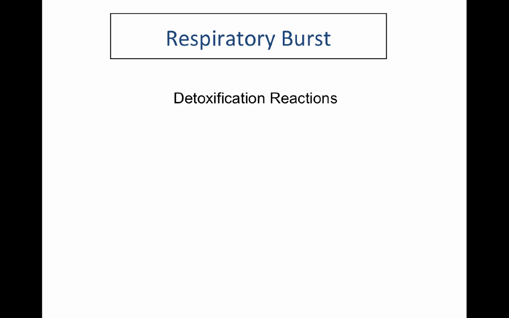Another reaction included in respiratory burst is the detoxification reaction. In this case, we can see how hydrogen is interacting with superoxide anion, catalyzed by superoxide dismutase, to generate hydrogen peroxide and oxygen.